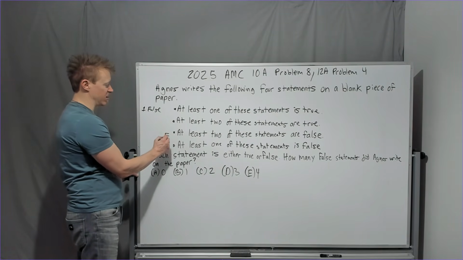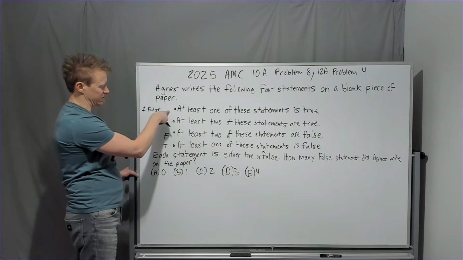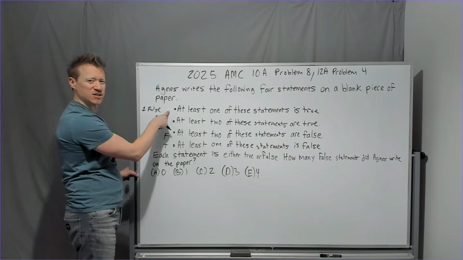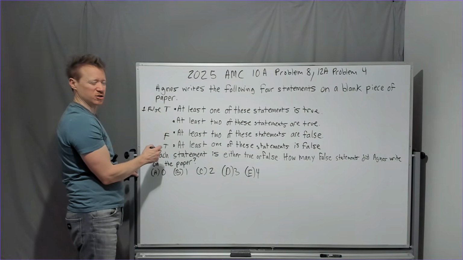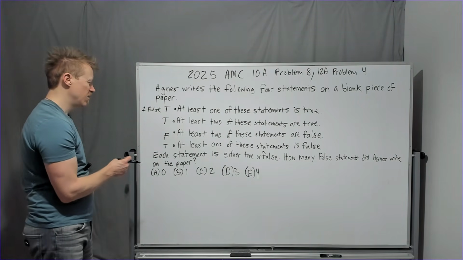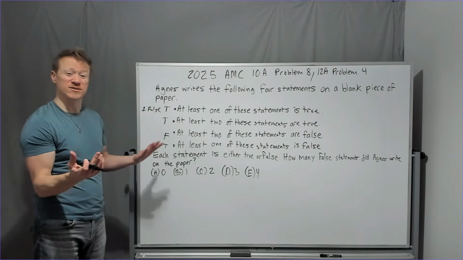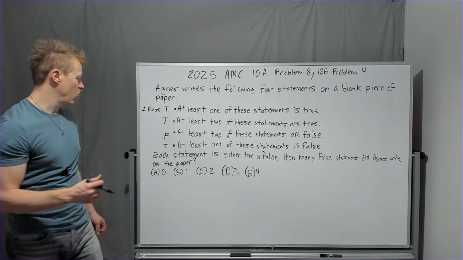That must be false. At least one of these statements is true. Well, we do have a true one down here, so that's a true statement. And now there's 2 true statements, so that makes it true. Wait, I think we just solved it. The answer is going to be B, 1.